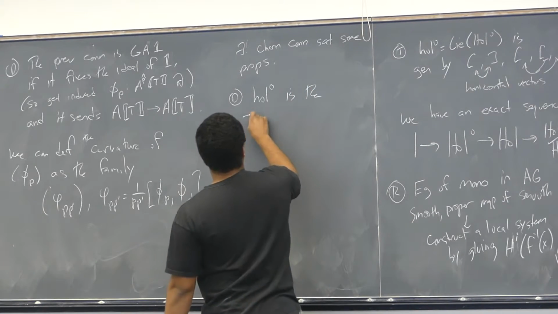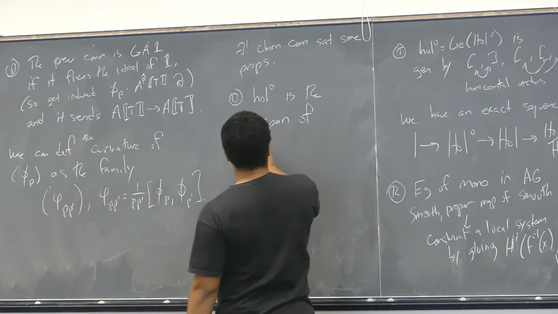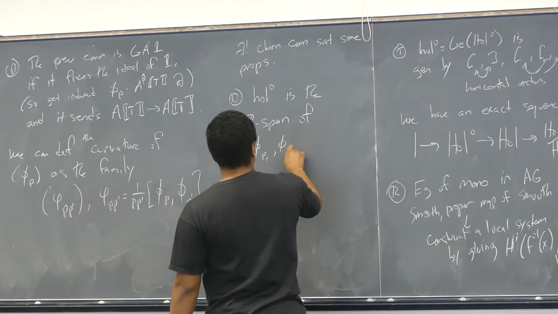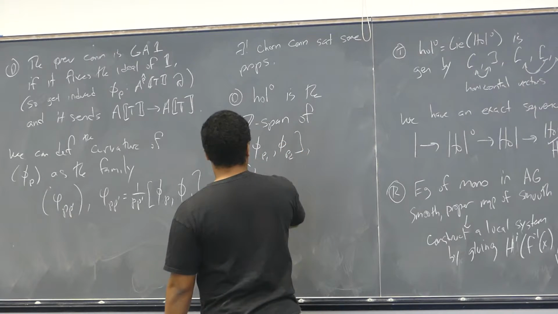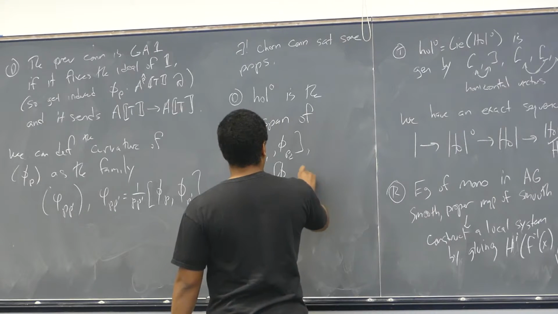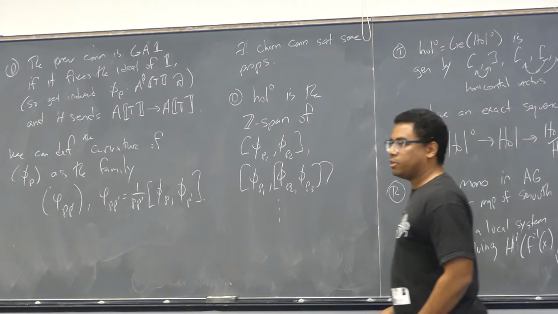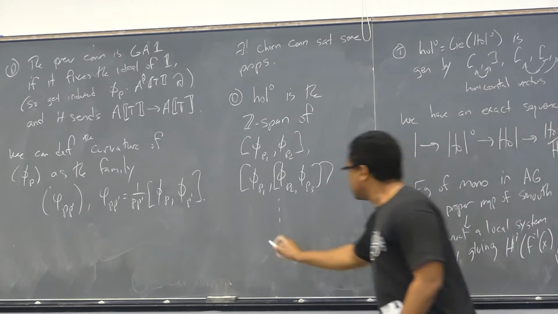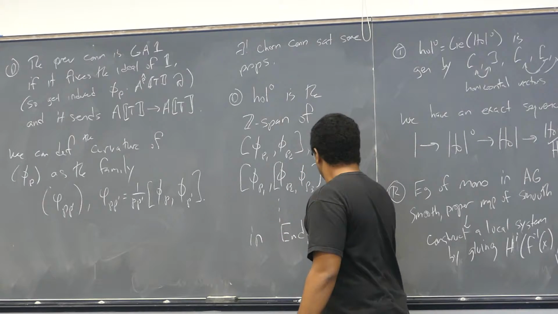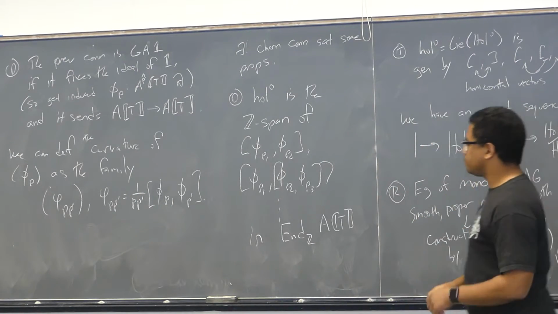And this is the Z-span of commutators of these lifts, and consider the Z-span in Z endomorphism space.